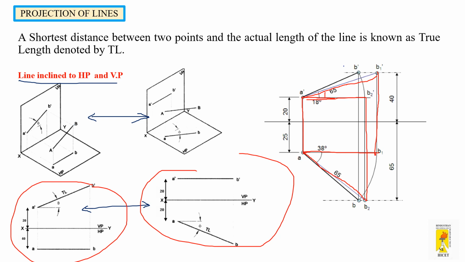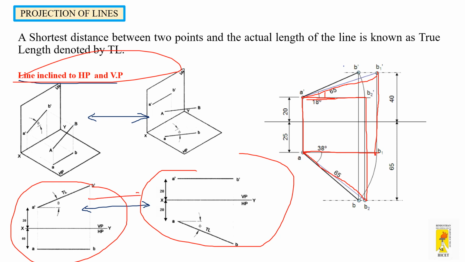And now to get the top view and the front view of a line inclined to HP and VP, what you have to do is, you can see that A dash and B2 dash is already drawn here because of clubbing these two things together.